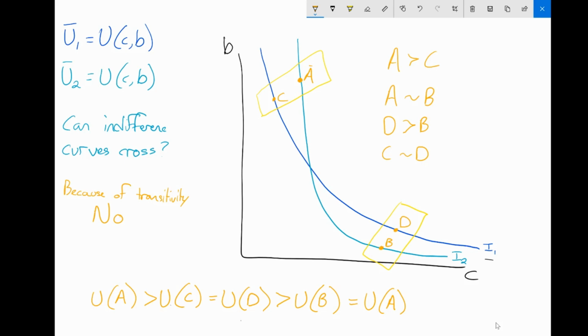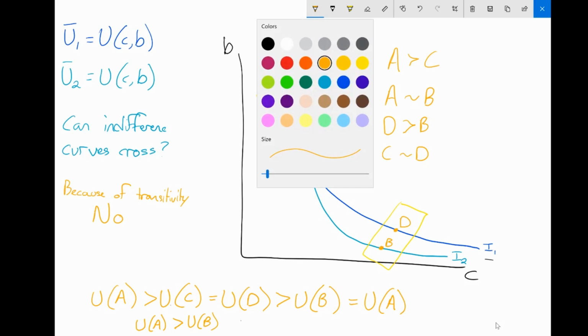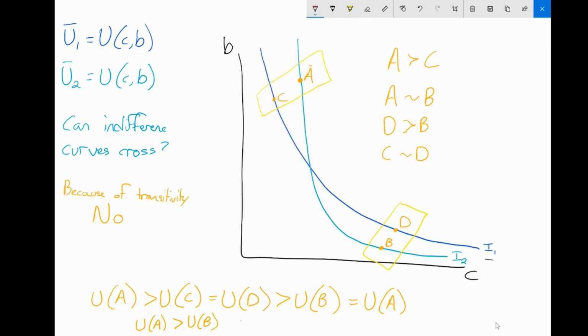If transitivity holds, you get more utility from A than C. C is the same as D, and D is bigger than B. So if we just chopped out the middle, we would get this: A is greater than B. But we know that you get the same amount of utility from B and from A, and therefore this would violate transitivity.